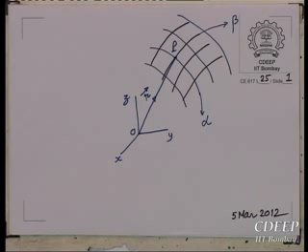Now, the basic point in a surface is that there is a net of two curves, alpha and beta.